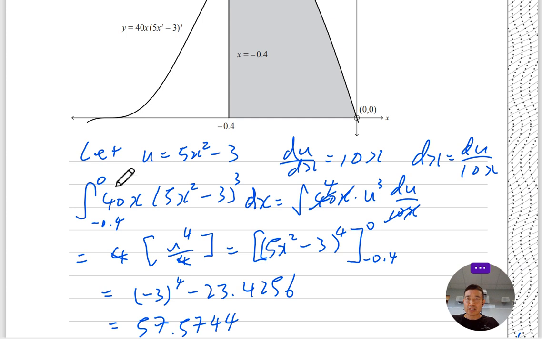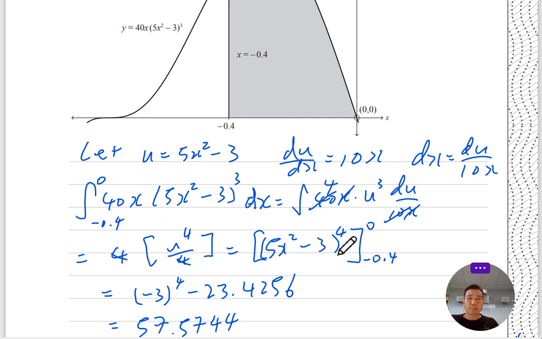I didn't change the range. You don't have to, so I just didn't write it there. The 4 is outside the bracket, u to the power of 4 over 4, so the 4 cancels out. And u is originally 5x squared minus 3, to the power of 4.